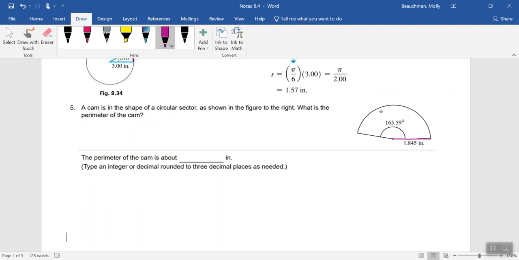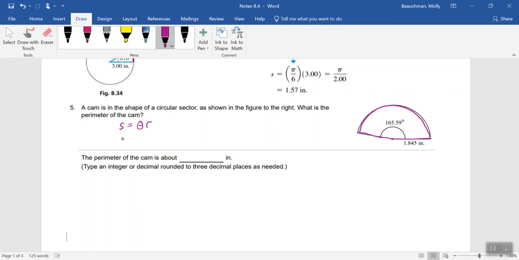We're going to add together these two values, which are both 1.845 inches, and then we need to also add the arc length. So the first thing we're going to do is find the arc length. Arc length is equal to the angle times the radius, but the angle has to be given in radians, and we're given our angle in degrees.